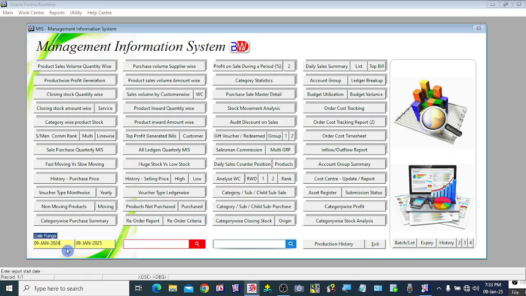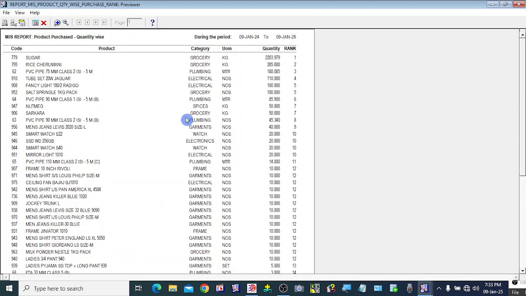By entering the date range, here we can see one option like product invade quantity wise. By clicking this, we can see a report like out of hundreds or thousands of inventory items, by a single click, we can generate a report of which product I have purchased more during a specific period of time.